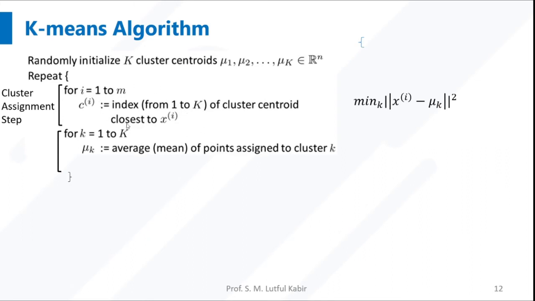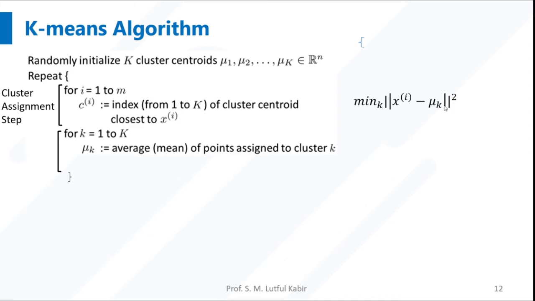So how to find Ci? First of all, you have to find the minimum k for which the squared distance, xi minus mu k squared, is minimum. We are taking a square so that the negative sign is disregarded. Once you calculate all the distances, you have to find the minimum one.